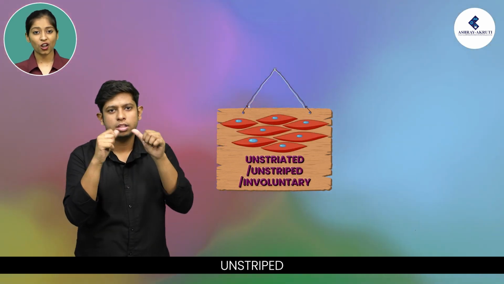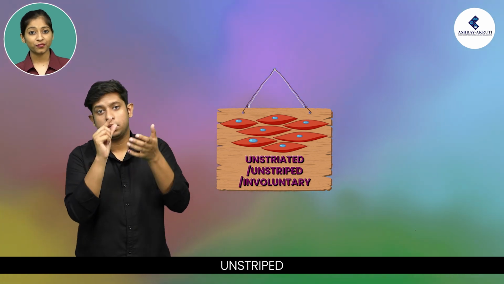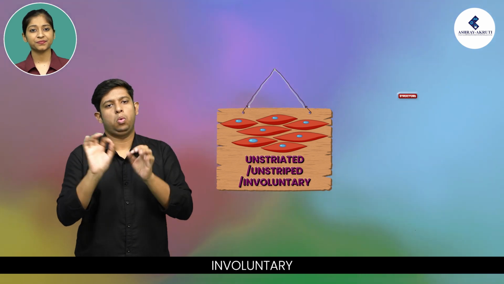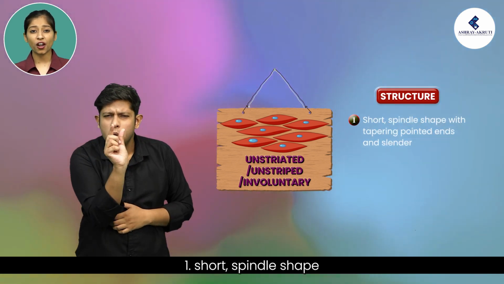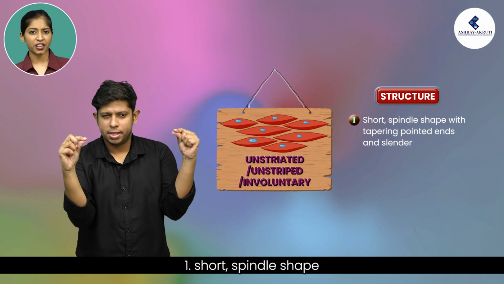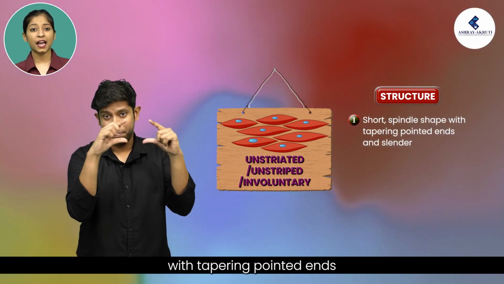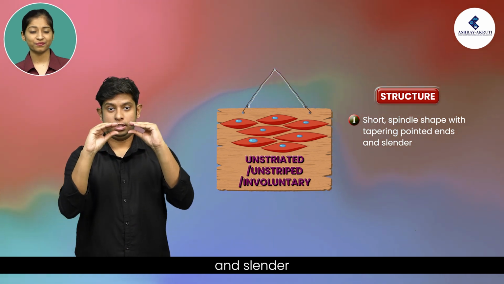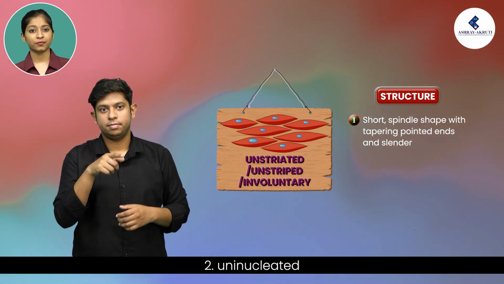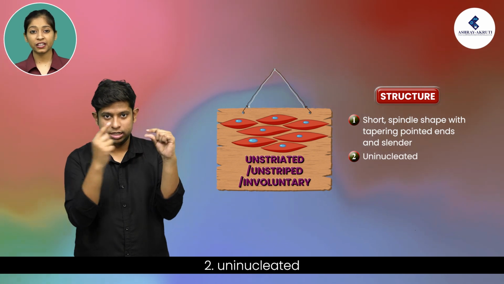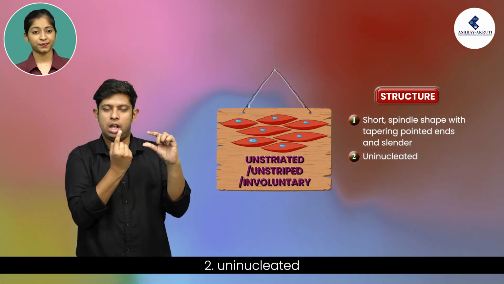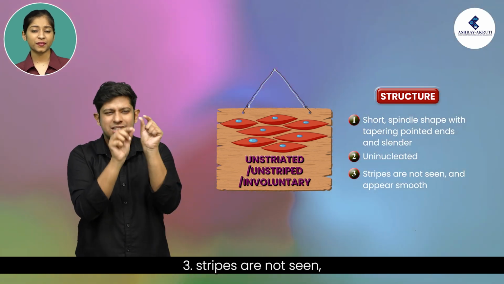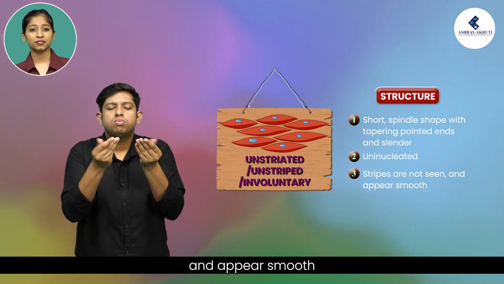Unstriated or unstriped or involuntary. Short, spindle shape with tapering pointed ends and slender. Uninucleated. Stripes are not seen and appear smooth.